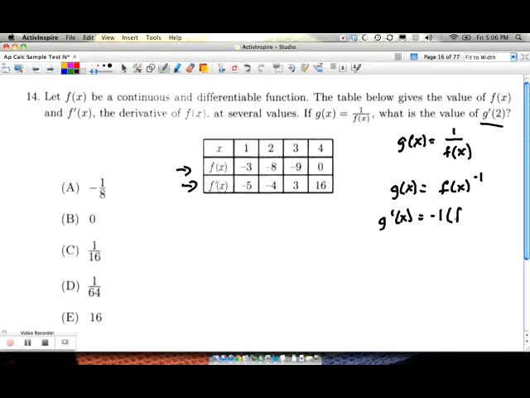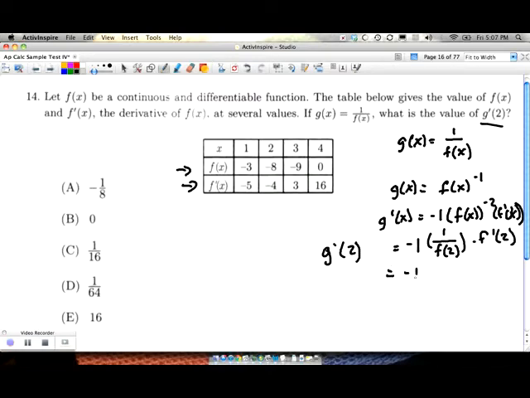It will be negative 1 times f of x to the negative 2 times f prime of x. So if we're trying to find g prime of 2, it's going to be negative 1 times 1 over f of 2 squared, times f prime of 2.